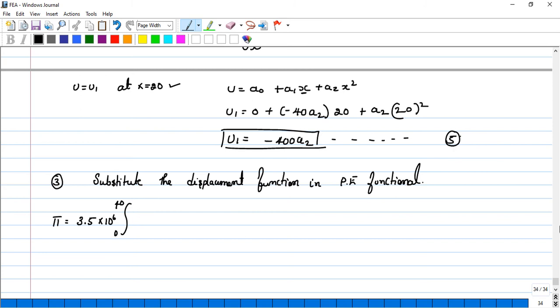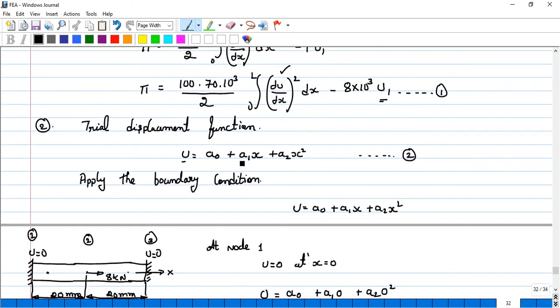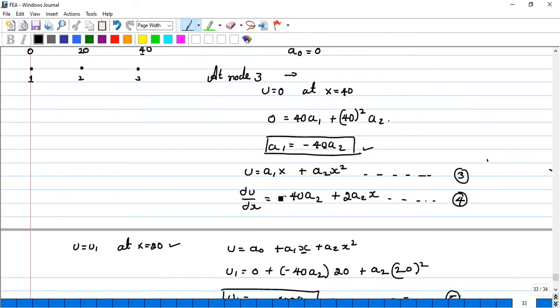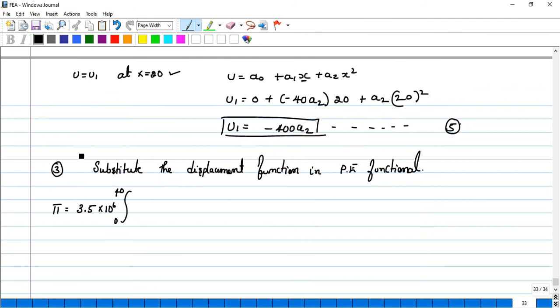Inside we have ∂u/∂x whole square. What is ∂u/∂x? That is equation number 4. So let me substitute equation 4 within the bracket, that is minus 40 a2 plus 2 a2x, whole square dx, minus work potential. Applied load is 8 into 10 raised to 3 multiplied by u1. What is u1? Nothing but minus 400 into a2.